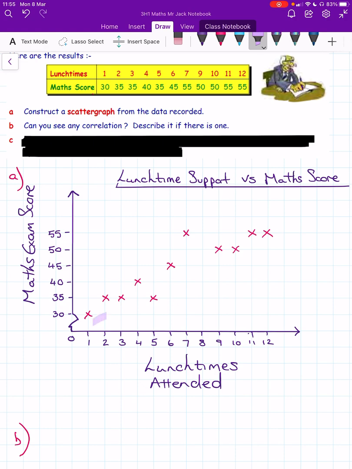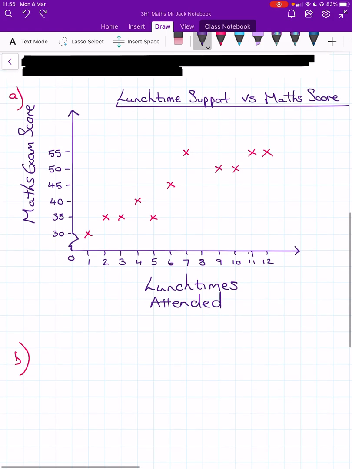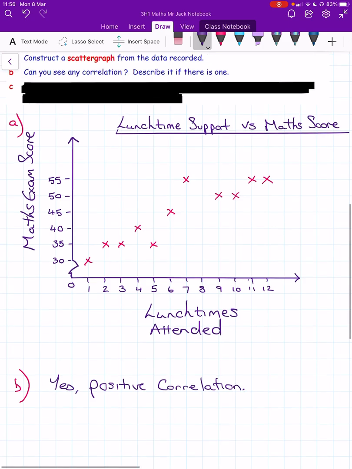We've got a kind of general upward trend going on there, haven't we? That suggests a positive correlation. So for part B, all you need to do really is say yes, and the answer is a positive correlation. And that's it for part B.